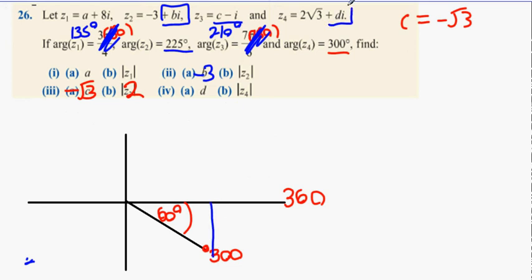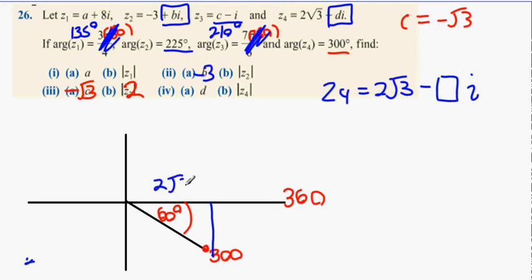D has to be a negative number because it's below the axis, okay? So Z4 is going to be 2 root 3 minus some negative number times i. So what we have here is 2 root 3 on the real axis, and we call it D on the y axis, so we say tan 60 equals D over 2 root 3.